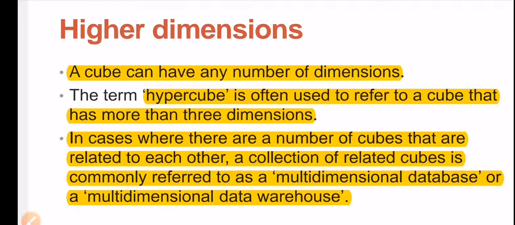In cases where there are a number of cubes that are related to each other, we have cube 1, cube 2, cube 3 for the same data warehouse, then this collection of related cubes is commonly referred to as a multidimensional database or multidimensional data warehouse.